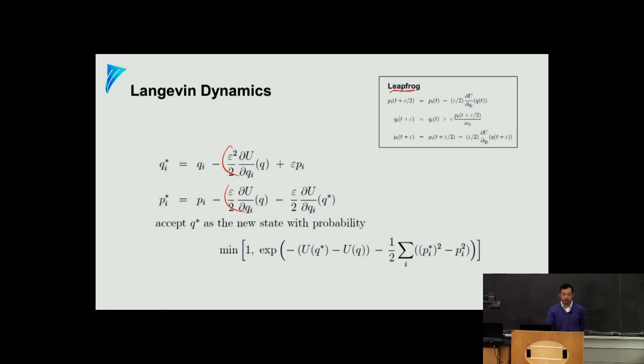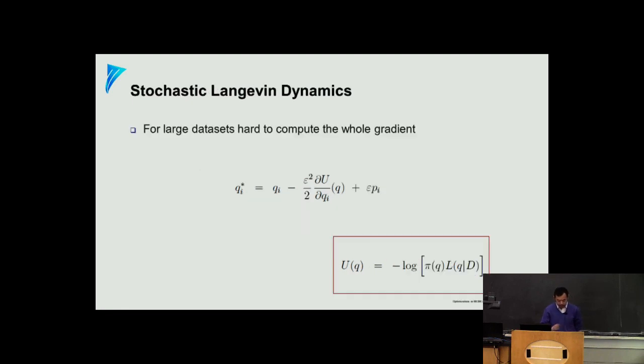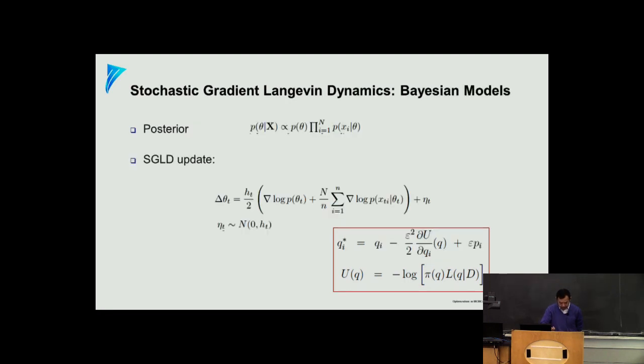Then you could imagine that this type of optimization technique could be further augmented to have projections and other changes to make the proposal even more efficient. Right. So this is an area that has been pursued by a lot of recent work, and I encourage you to take a look if you are interested. So this is Langevin MCMC.